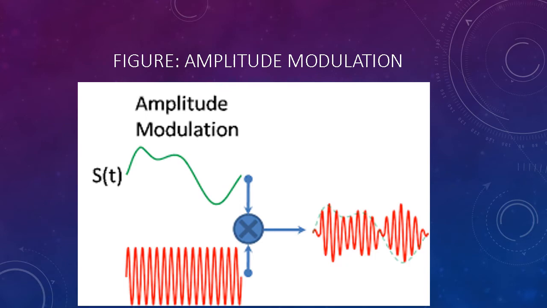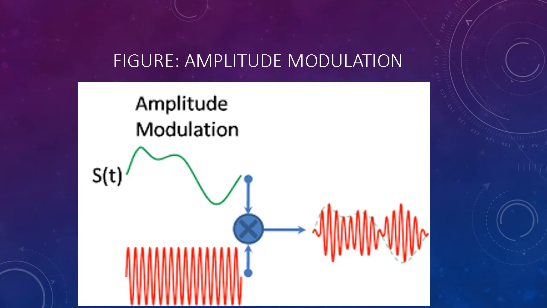Now in this picture of amplitude modulation, the green color one is the original signal, or we call it the baseband signal, and the red color one, down one, is nothing but a carrier signal. When the two are combined together, the signal becomes amplitude modulation, which allows us to go for higher range.